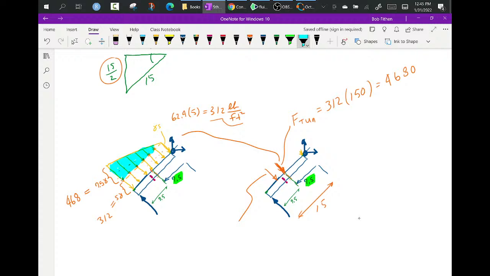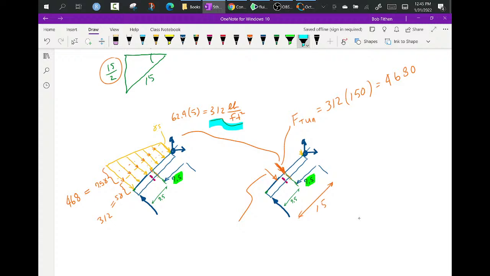Let me rephrase this a little bit. So this is a uniform load that is applied over the whole thing. The triangle isn't a uniform load.